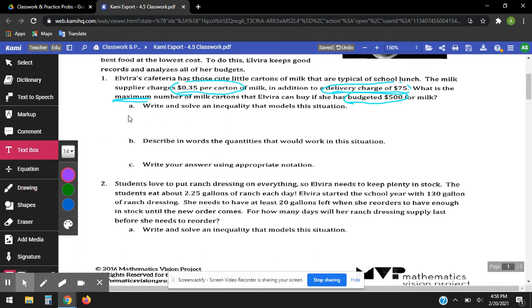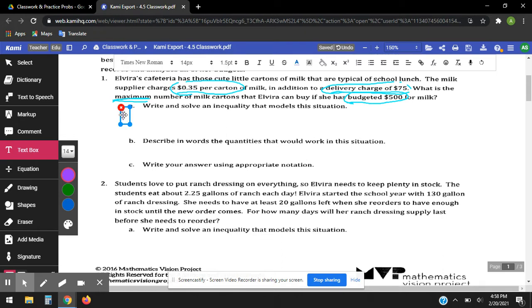Well, if we have 35 cents per carton of milk, let's just go 0.35, and that's going to be times C. We'll do C for every carton, right? So for the first carton, it's 35 cents. For the second carton, it's 35 cents. That's our number that's repeating.